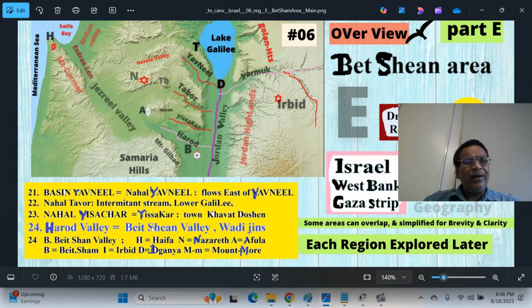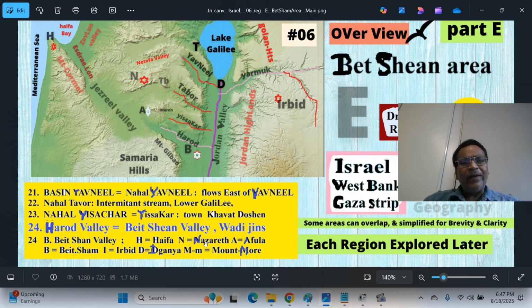Then here I have given abbreviations: Beit Shean Valley B, you can understand the town of Nazareth N, and Haifa, the town, which is different from Jaffa Fort. Jaffa is near Tel Aviv.